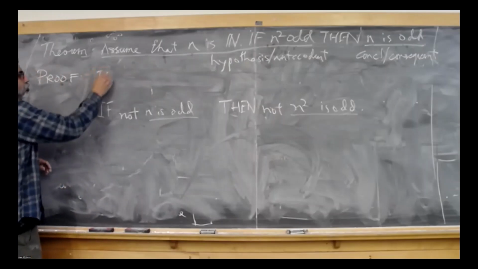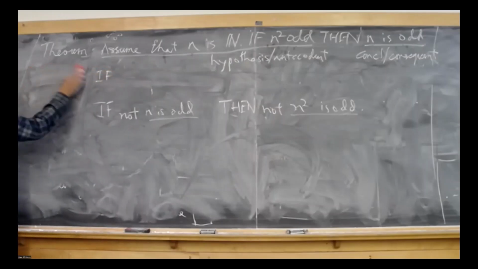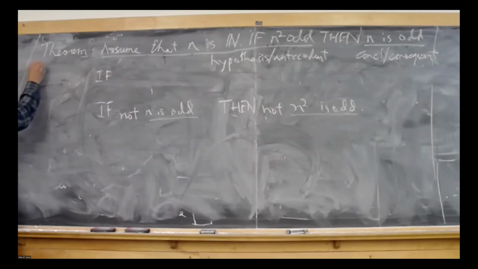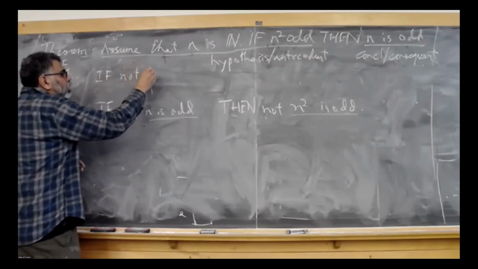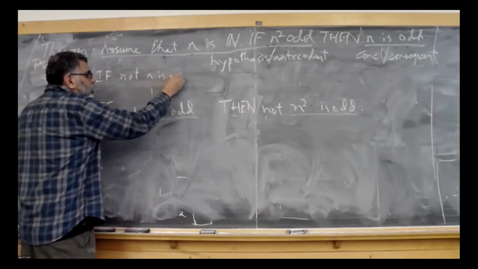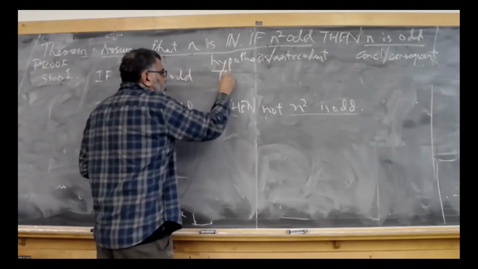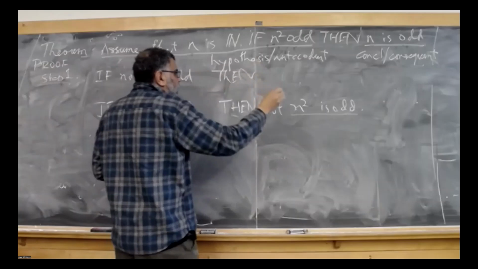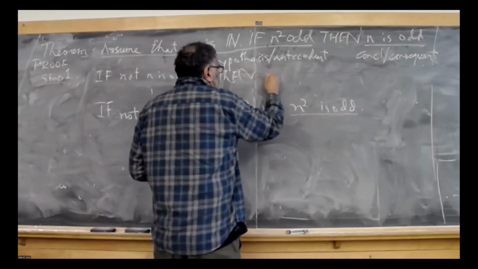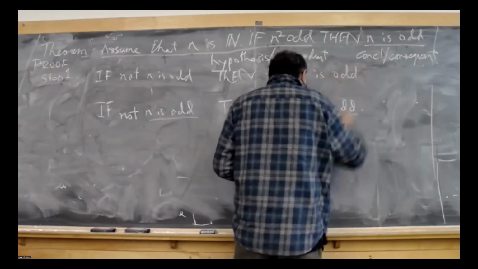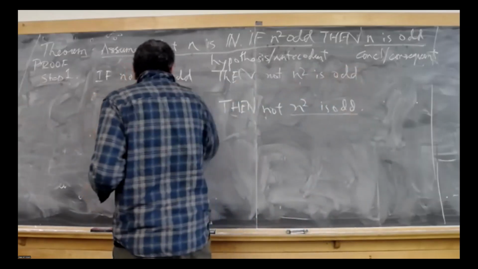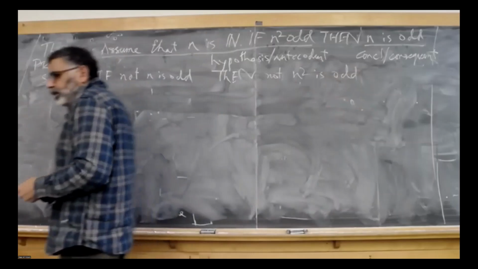So first line, first step of our proof. Step one. So it is if not n is odd, then not n squared is odd. Okay. And let's see what the book did, because this seems very cumbersome.